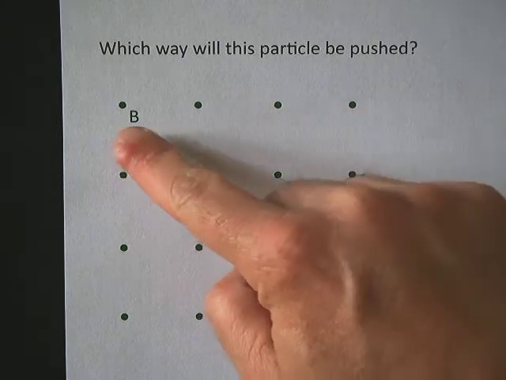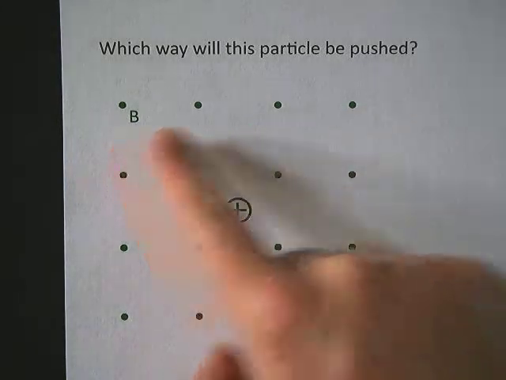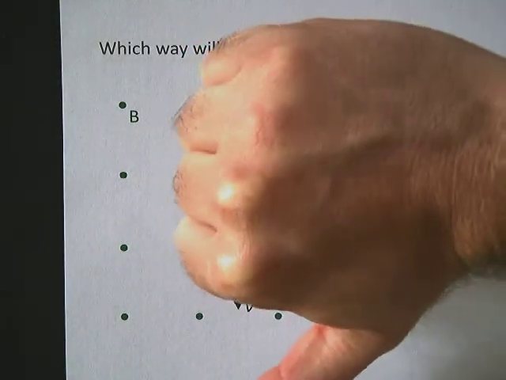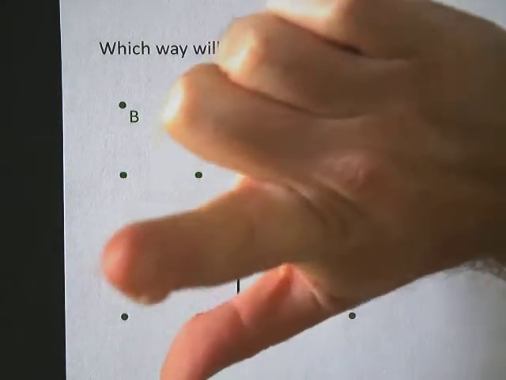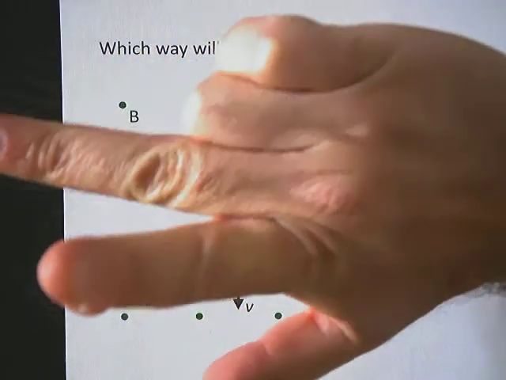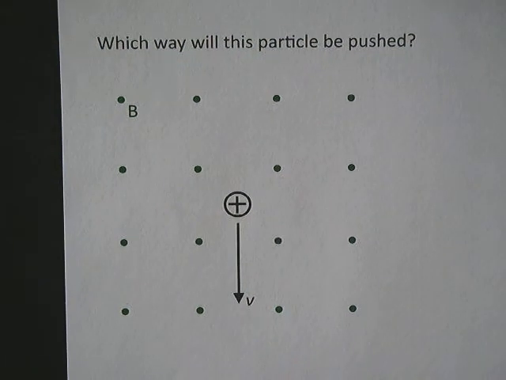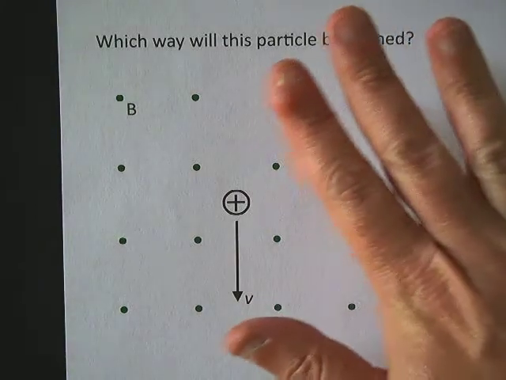Which way will this particle be pushed? Well, here we have the magnetic field, and it's printed in green. Hopefully that's showing up. It's coming out of the page, so we have a velocity in this direction. The magnetic field is coming out, and so my finger points this way. Now you may find that that was kind of awkward.